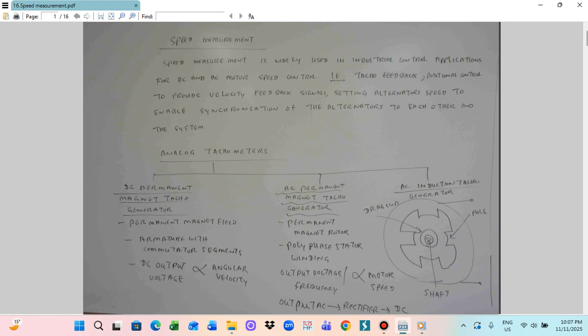You see that these tachos are DC type, in motor-driven AC drive systems. The motor shaft is coupled with the DC tacho generator.